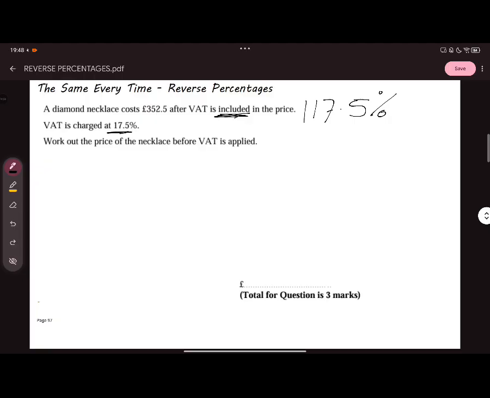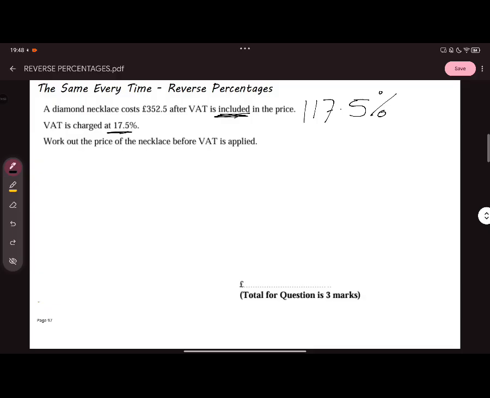So we have increased, we have included another 17.5%. So we started off with our entire quantity, call it 100%. Add on another 17.5%. So we now have 117.5% of what we started with.